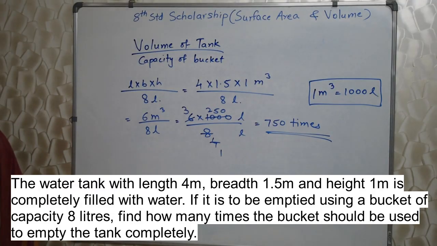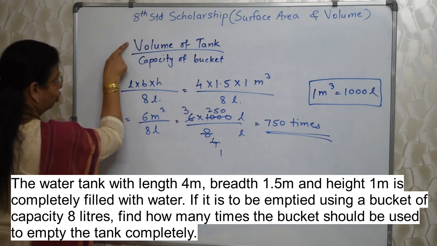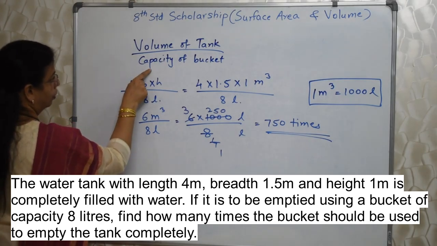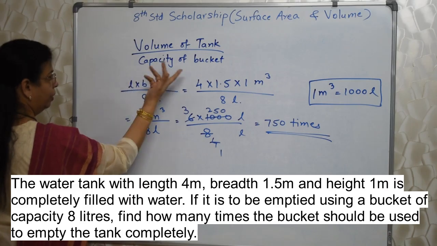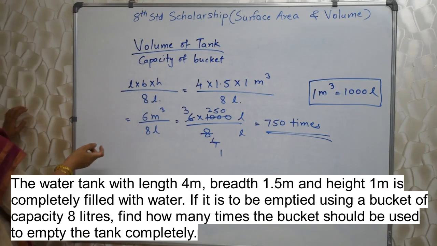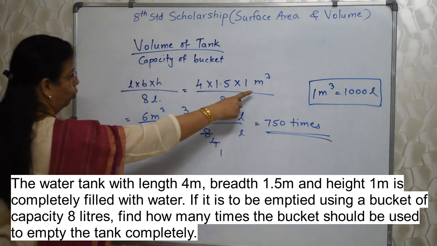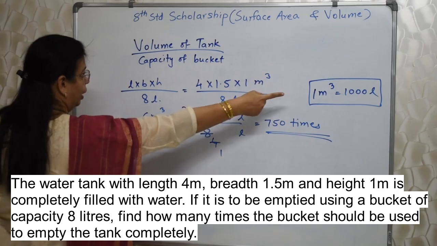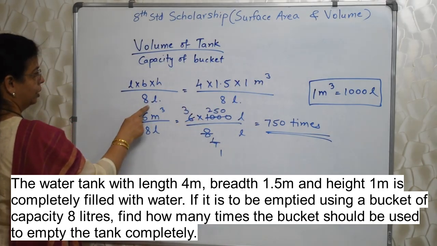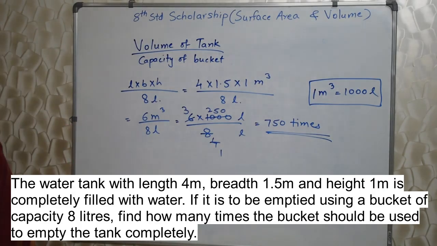So 750 is the answer. Very easy, based on formulae. Bigger tank volume on top, bucket volume down, but they have given, no need of calculating this. 8 liter they have given, and this is in meter, so meter cube. So we converted meter cube into liter to match with this, and then we did division, we got the answer. Very easy, isn't it?